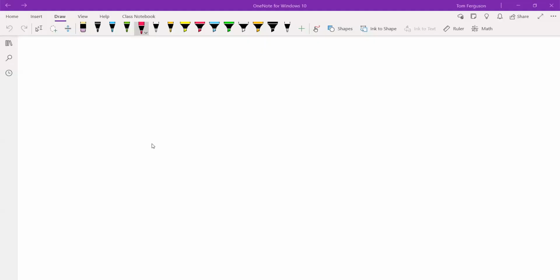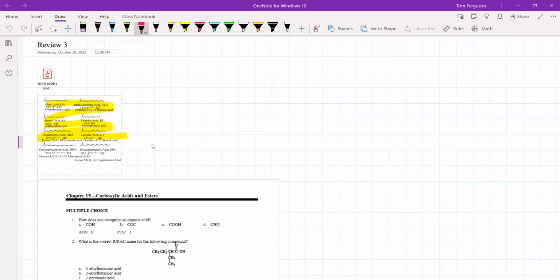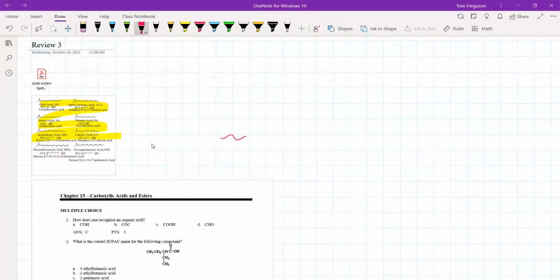Okay, so let's see if this thing works now. Ah, it works now.